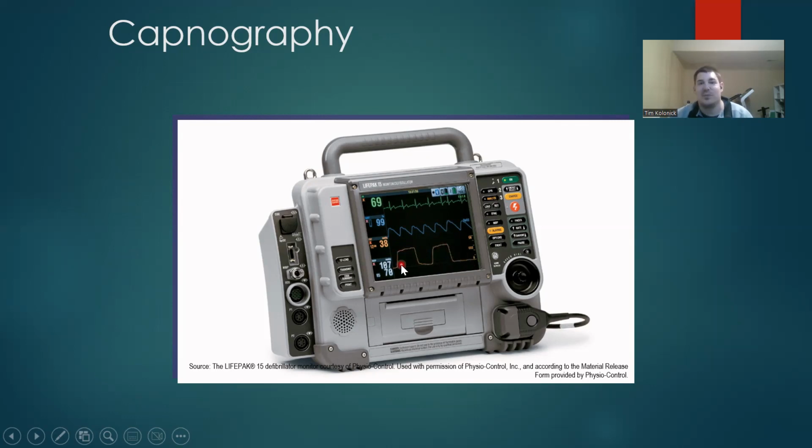If it's something outside of the norm, you might see a different shape in this plateau. If it's kind of a shark fin going up, so kind of a slow exhale, you might see a shark fin going to the top, right? That's generally due to some sort of bronchospasm on the exhalation phase.